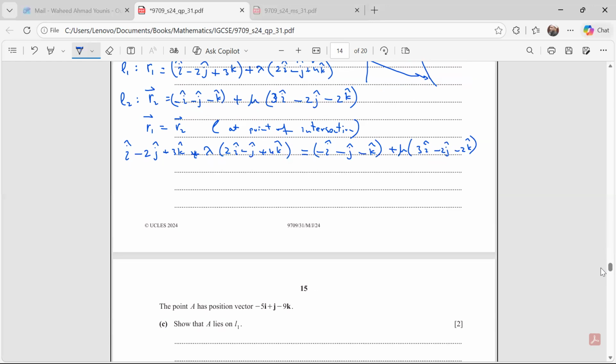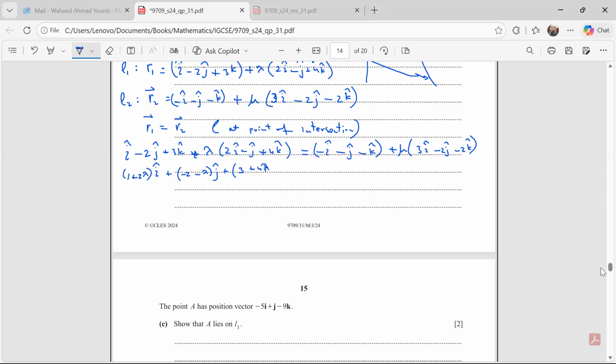So let's collect the like terms. The coefficient of i on the left side is 1 plus 2 lambda. In the same way, the coefficient of j is minus 2 minus lambda, and the coefficient of k is 3 plus 4 lambda.